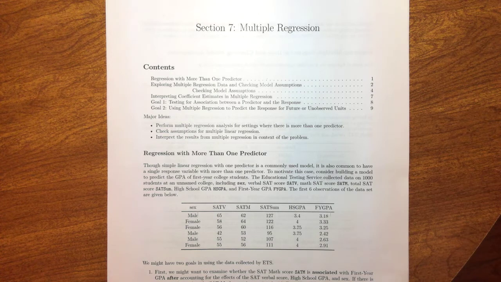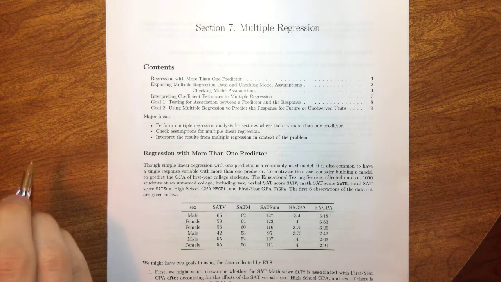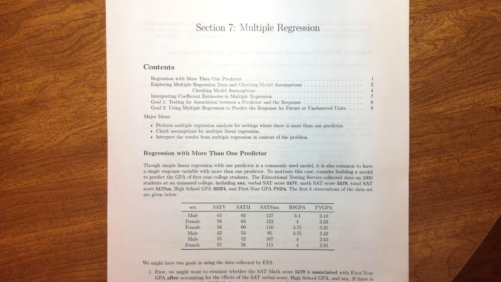And so in section 6, we were only letting there be one predictor in our model. The only thing we're extending here is that now we're allowing there to be more than one predictor. And so let's jump in and see how this works.